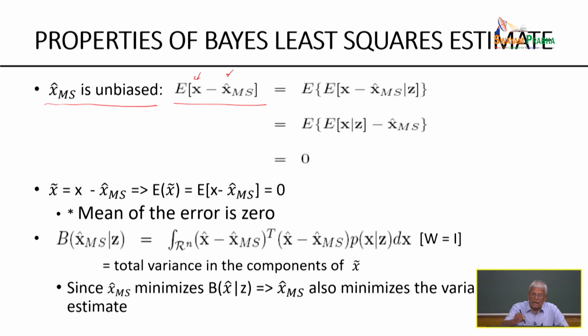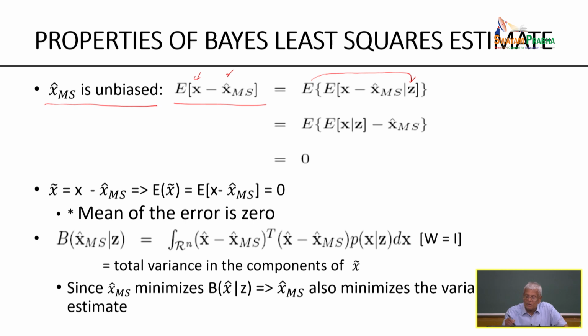We have already used the notion of iterated conditional expectations. So this outer conditional is with respect to z, and given z, x MS, the mean square estimate, inherits the randomness. So the first one is with respect to the randomness conditioned on z. The second outer expectation is going to compute the expectation with respect to the distribution of z.